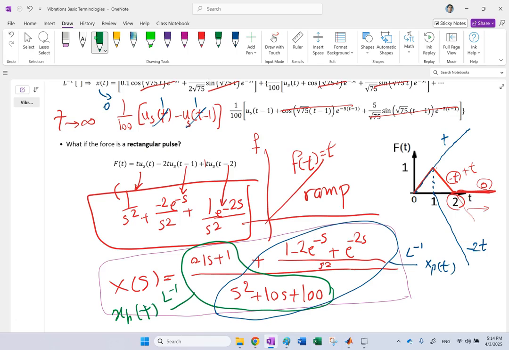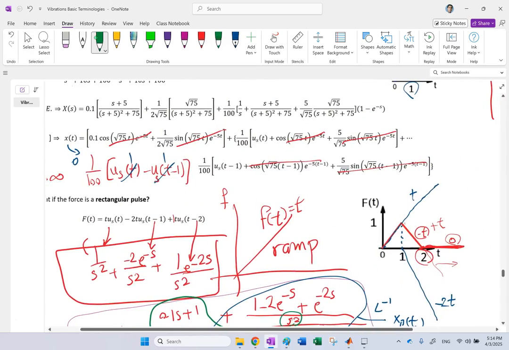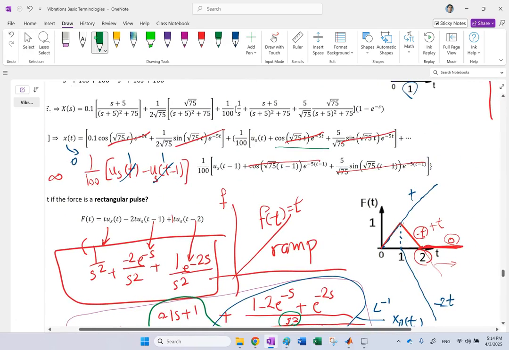Now here, since you have s squared times this in the denominator for the x of p, not only will you get this damped sine and cosine, you will also get t, okay, and you will also get constants like 1.